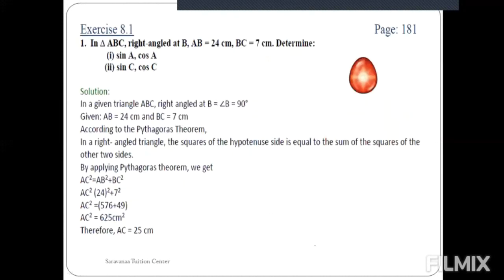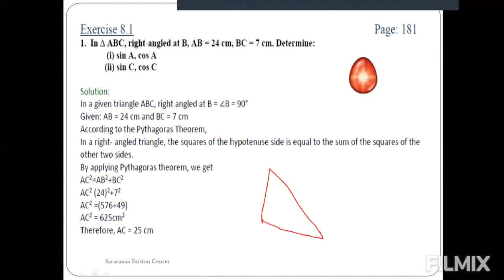And we got the answer. So now we are going to enter into the 8.1 question. Question number 1. In triangle ABC, right angled at B, AB equals 24, BC equals 7. Determine sin A, cos A, sin C, cos C. So first draw a right angle triangle.